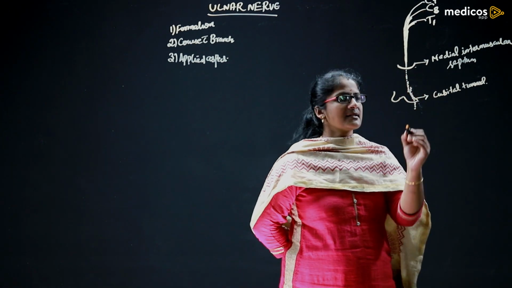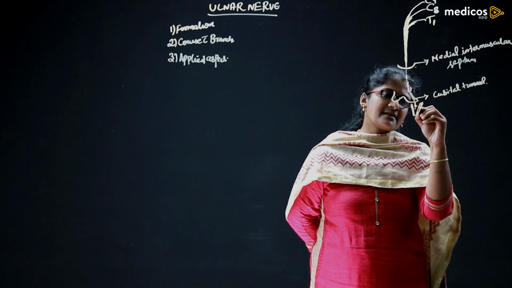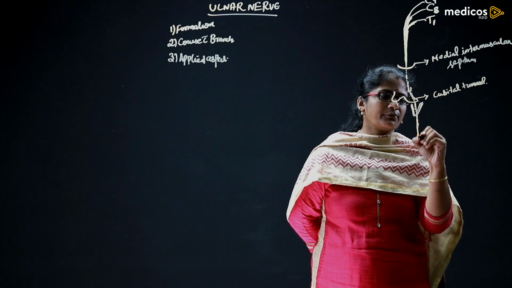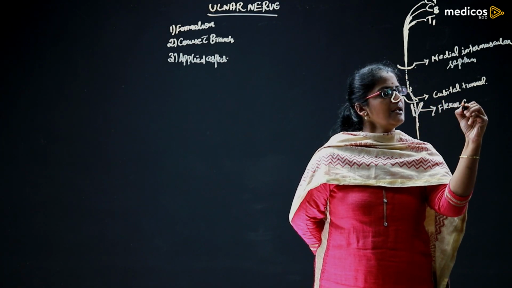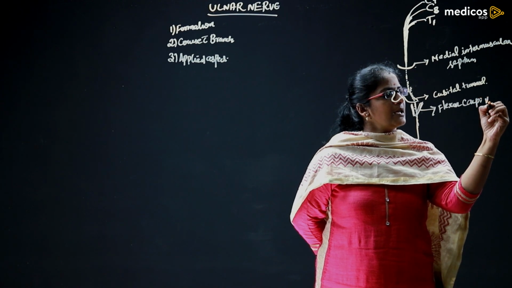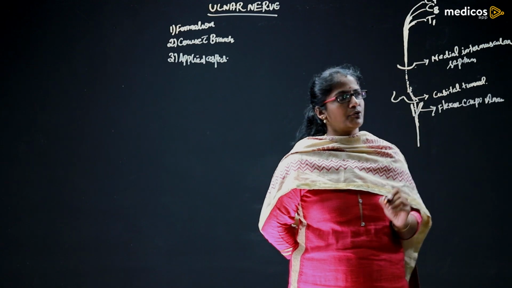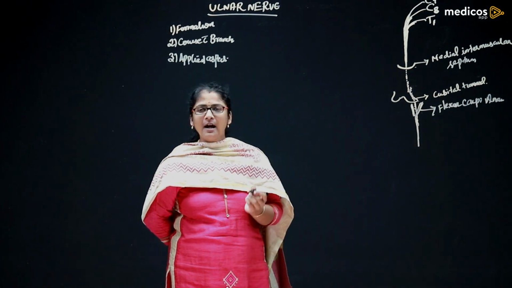Now it enters the forearm by passing between the two heads of the flexor carpi ulnaris. Now it reaches the anterior part of the forearm. Till now it has not given any branches in the axilla or the arm.